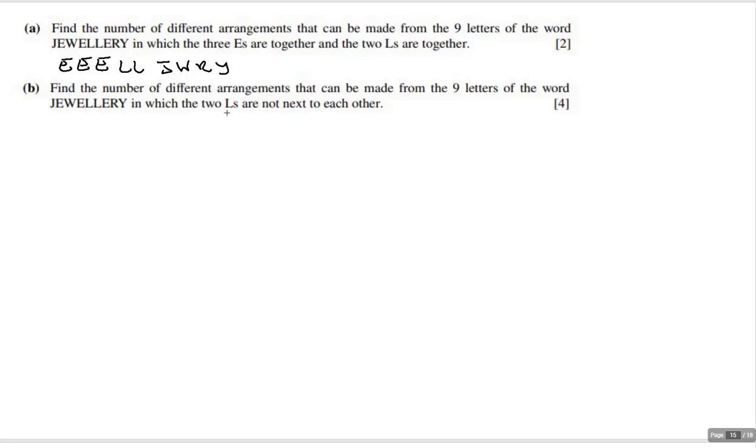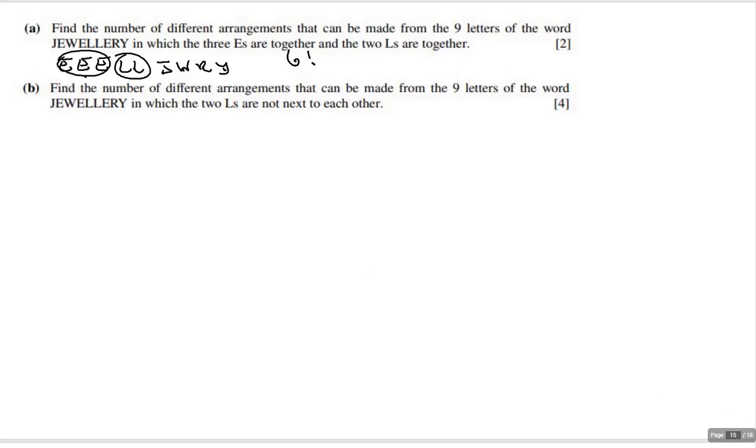If I'm doing this one, that's one group, that's one group. How many things do I have? 1, 2, 3, 4, 5, 6. 6 factorial. And this can be arranged one way, this can be arranged one way. This looks like it's just going to be 6 factorial, right?